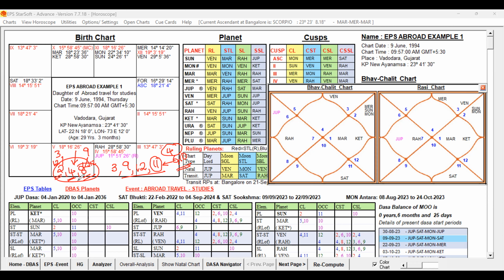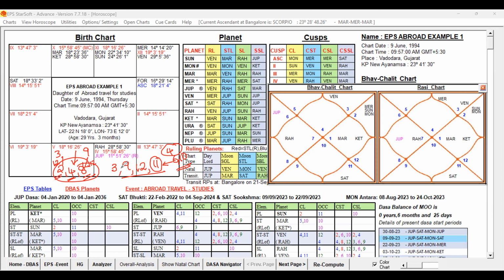Somebody is there in abroad and they are purchasing property also. There also the 4th house will play a role, because 4th house is where the native is residing. We can say fourth house is homeland also, and it is also the Karaka planet for property and where the native is residing. So every house has its signification individually, but only the combined signification matters.